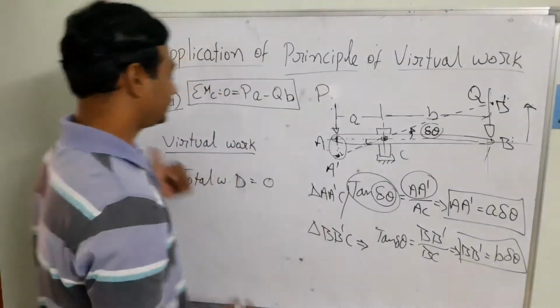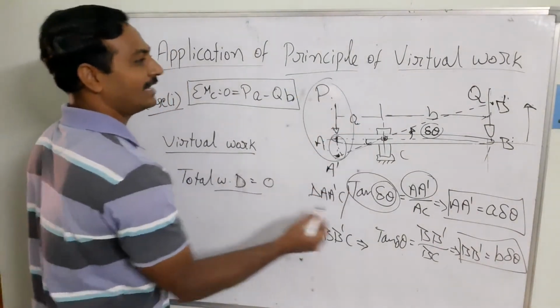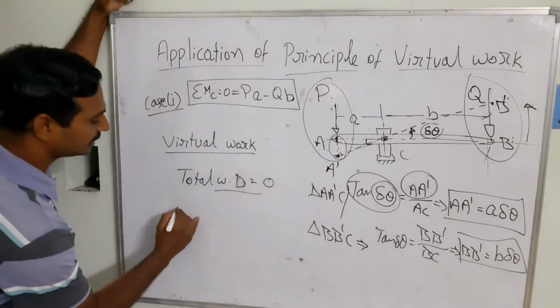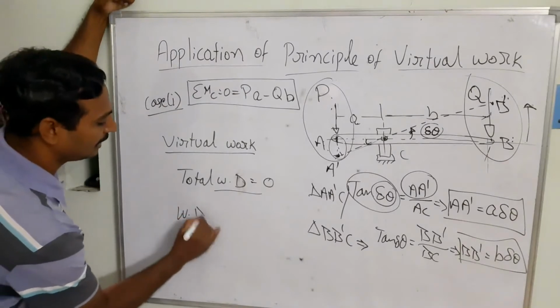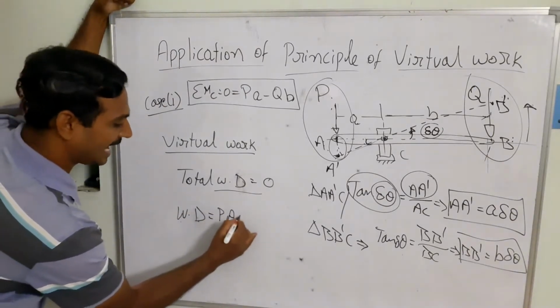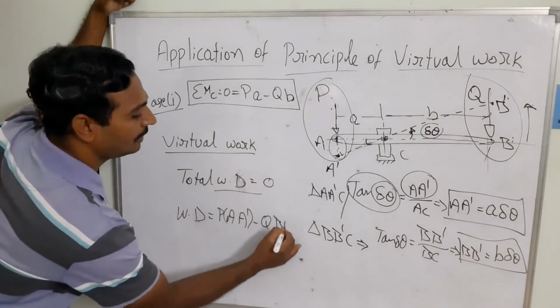So what is the total work done in this case? We need to take the work done due to P and the work done due to Q. The total work done is W D, that is equal to P into A dash minus Q into B dash.